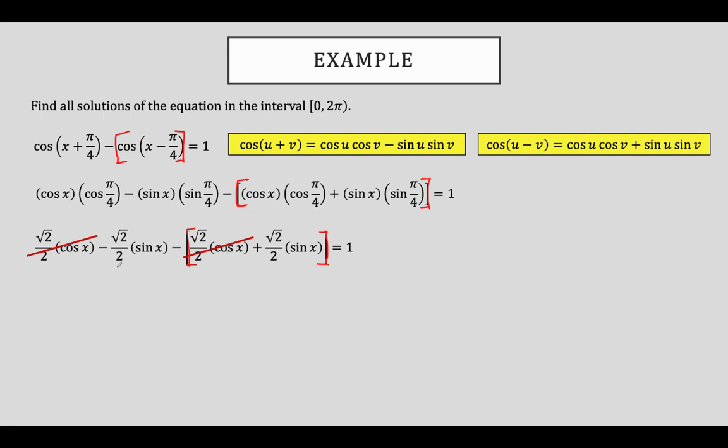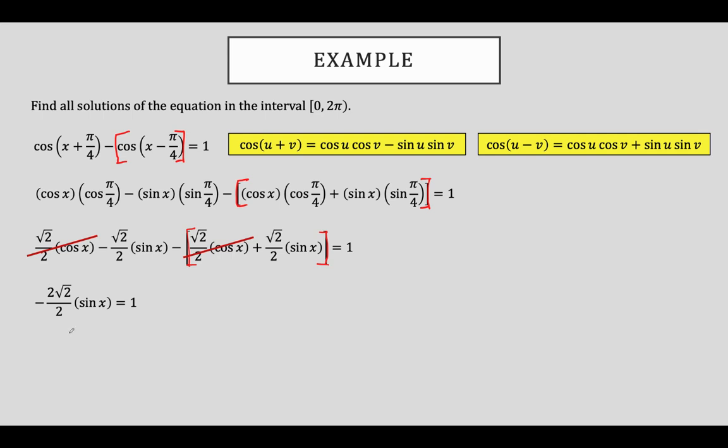Then we have a minus root 2 over 2 sine x minus a root 2 over 2 sine x. What does that give me? I've got a minus 1 of a root 2 over 2 sine x minus another 1 of a root 2 over 2 sine x. That gives me a minus 2 root 2 over 2 sine x is equal to 1.